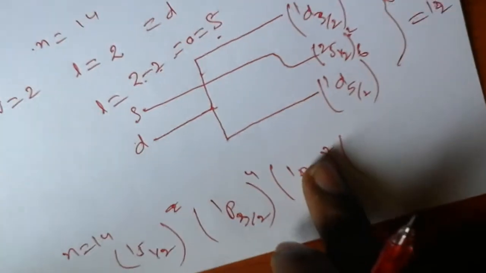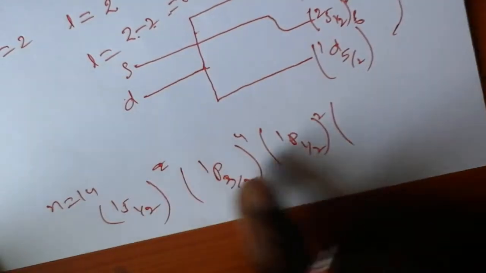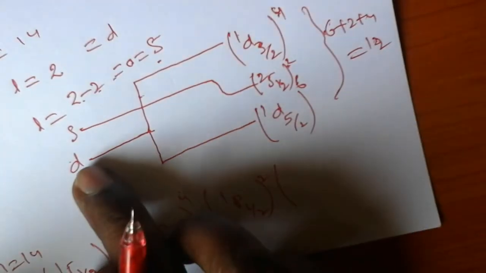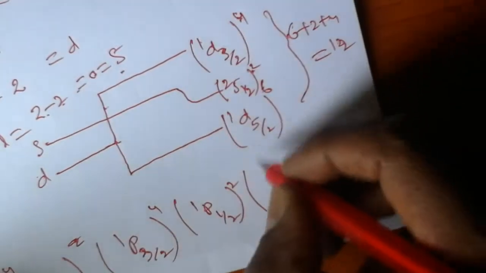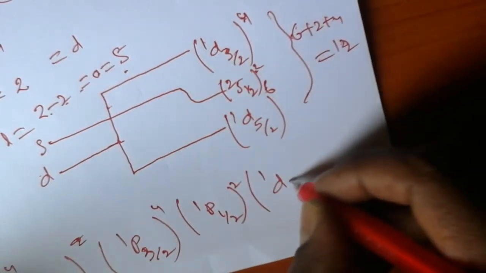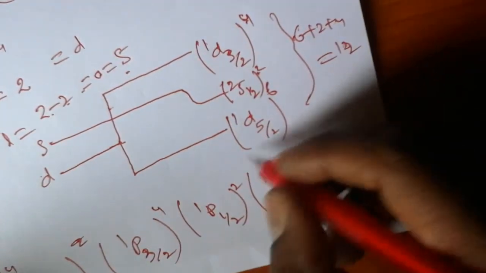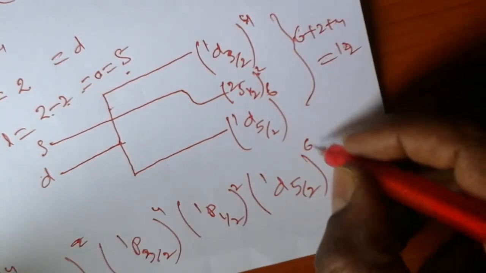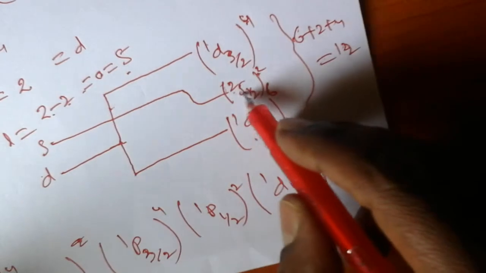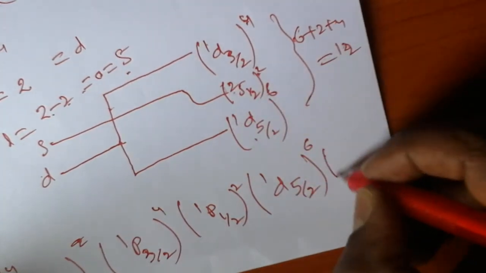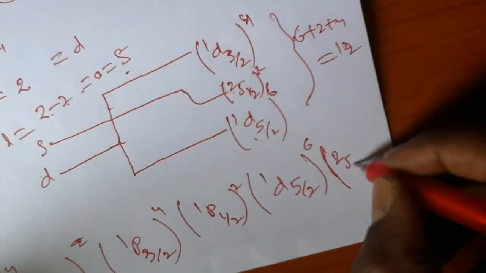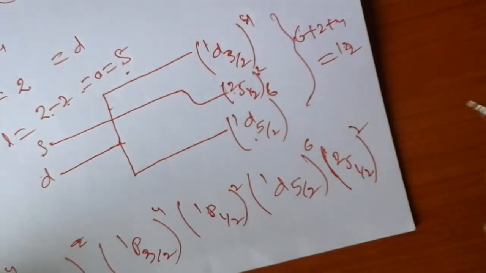I want to go to 14, remaining 6 is required, so sp is over and next I need to take d. So if I take 1d 5/2 to the power of 6, next after d we immediately get 2s 1/2 to the power of 2.